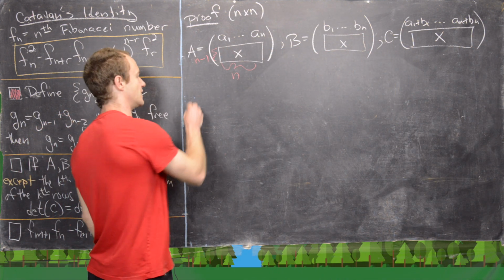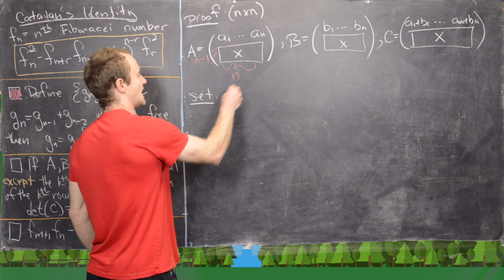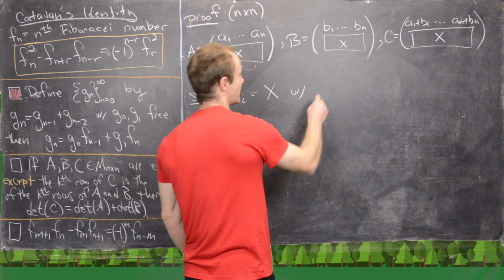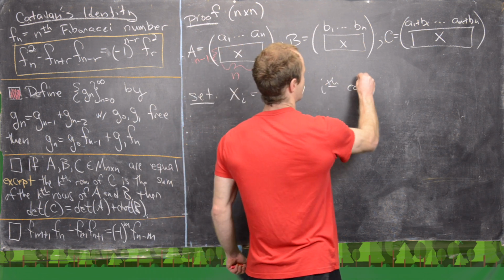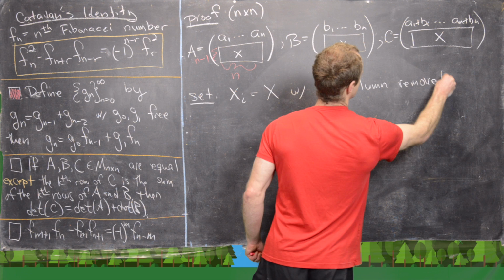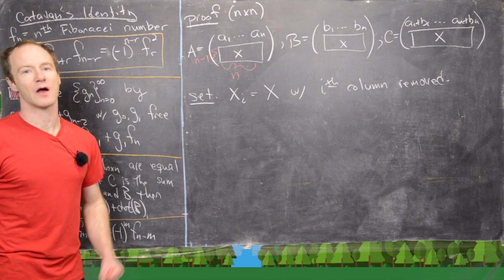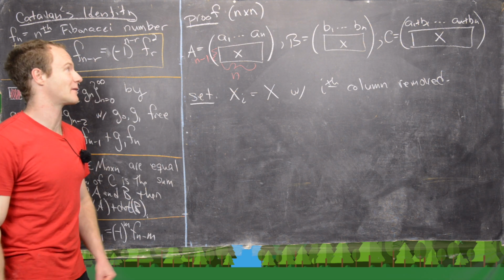Now the next thing that I want to do is set xi equal to x with the ith column removed. Great. And the reason I want to do that is because I want to use cofactor expansion for my determinant.